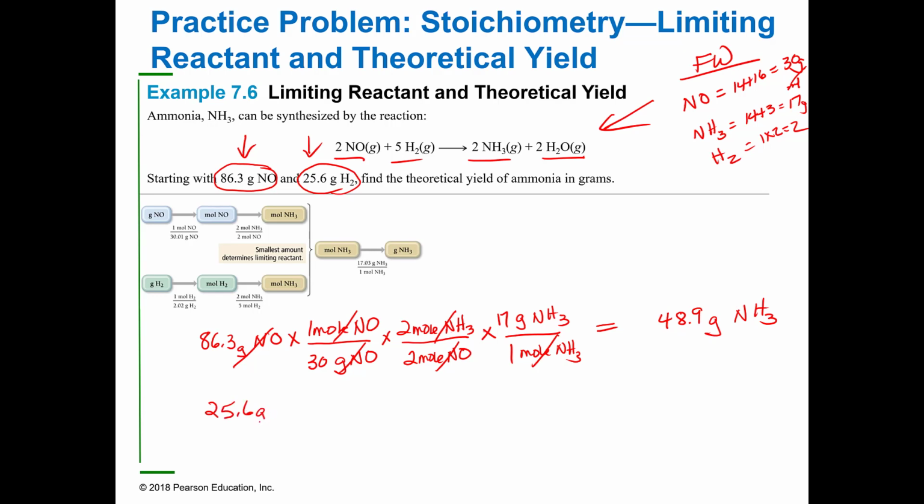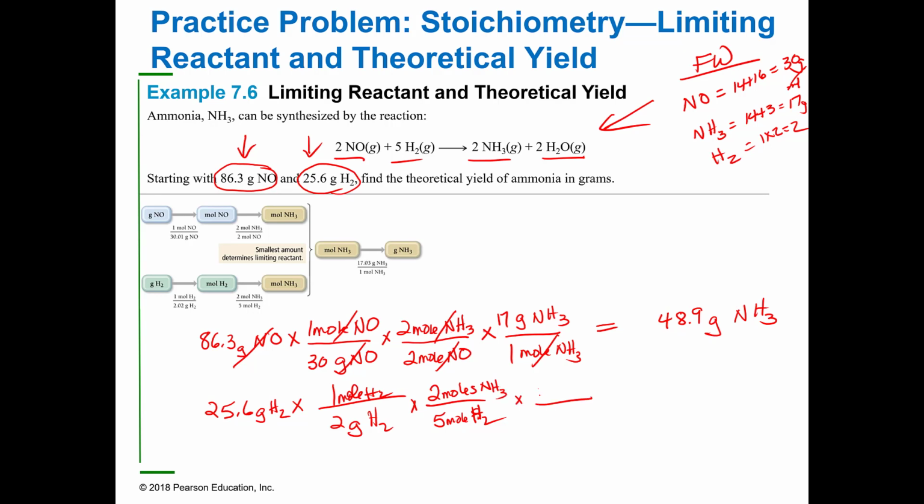25.6 grams of H2 times 2 grams of H2 in 1 mole of H2 times the molar ratio is 5 moles of H2 compared to 2 moles, right, of NH3.